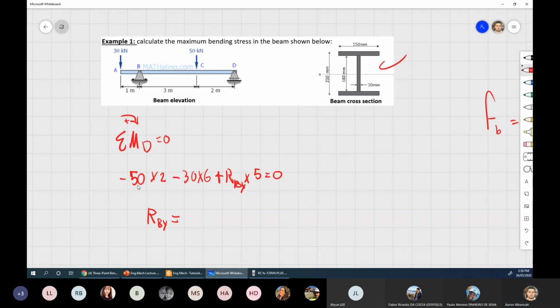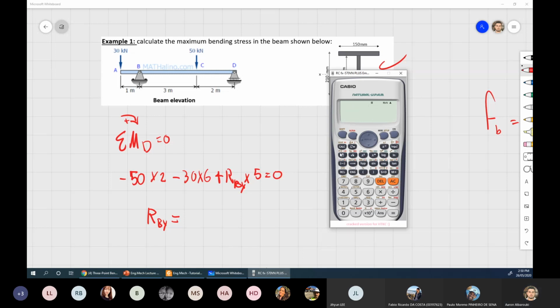That will be 10 by 2 minus 6 by 6. Minus plus.